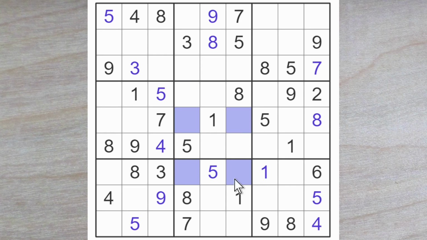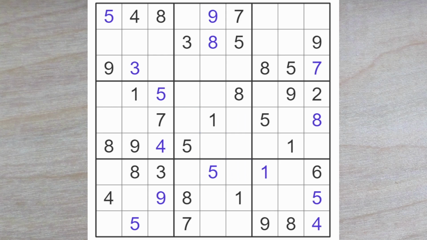And I'm not quite sure where the other 4 is going to go. So let's let that rest for a bit. I'm now looking at 6s. We know that one of these is a 6 and the other one must be a 4. And therefore, this is a 1, 2, and this is a 1, 2.